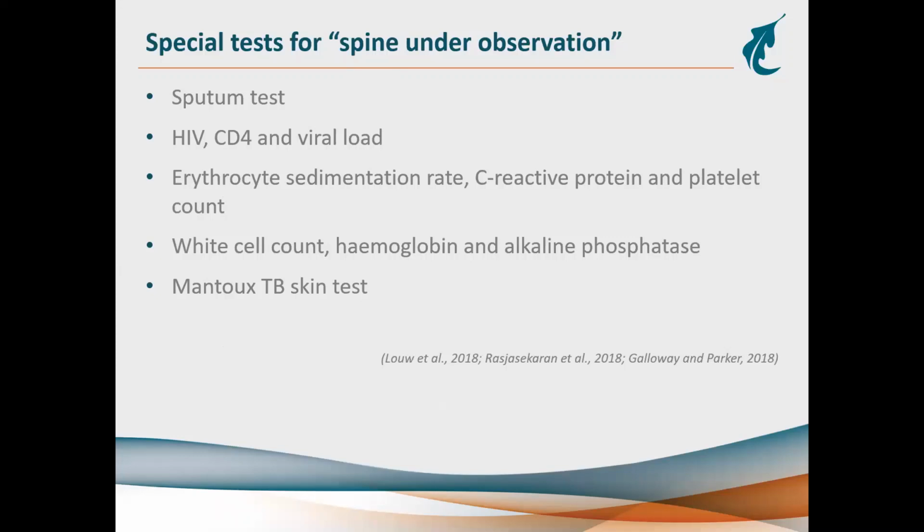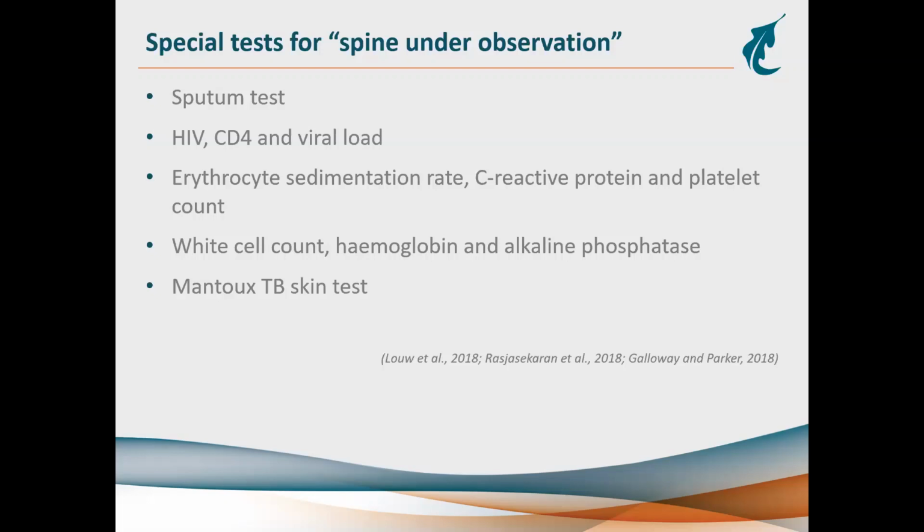And then also the recommendation for HIV testing, CD4 counts and viral loads, as these individuals can have an increased risk for immune reconstitution inflammatory syndrome. And you should also know the start of the ARV treatment date, or if there's been any regimen change recently, and then also the CD4 and viral load counts.